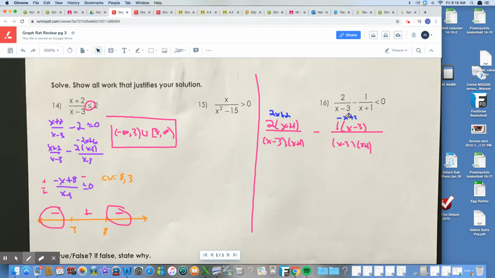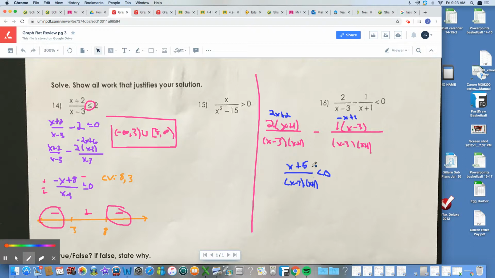Negative 1 times x is negative x. Negative 1 times negative 3 is positive 3. So when I do 2x minus x, I get x. When I do 2 plus 3, I get 5. So I get x plus 5 over x minus 3 times x plus 1, less than or equal to 0.